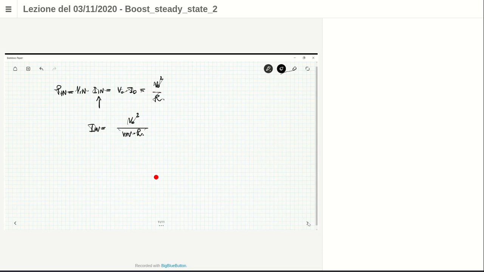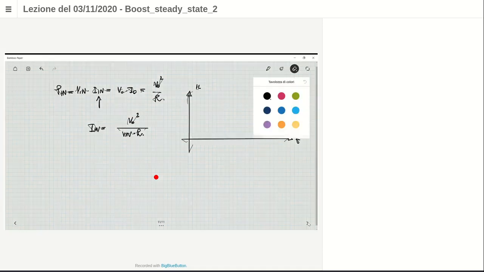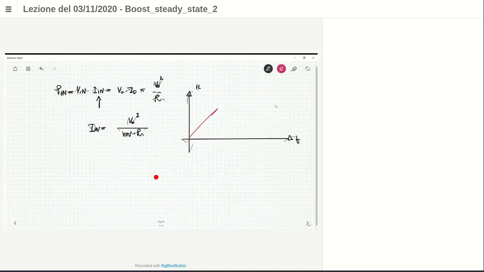But I in, as I said, is just the average value of the inductor current. So, which is the inductor current? The inductor current in discontinuous conduction mode has this behavior.